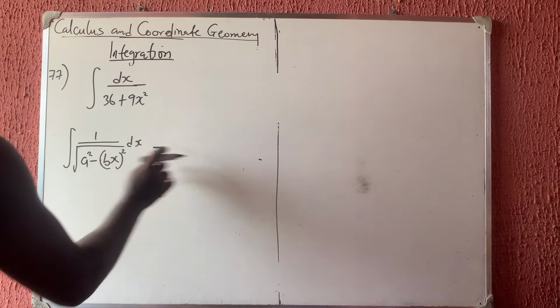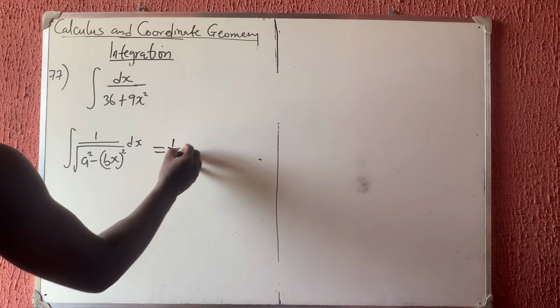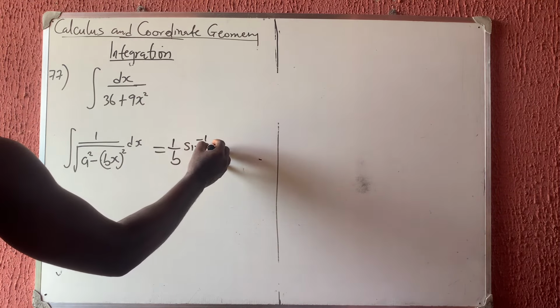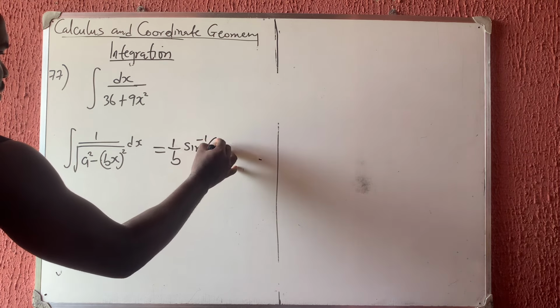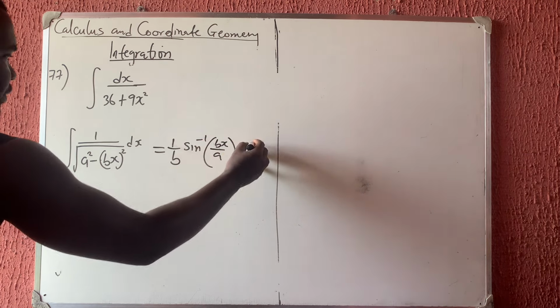Sorry, before the sine inverse, we have 1 over b. First of all, 1 over b, then sine inverse of bx over a, then plus a constant.